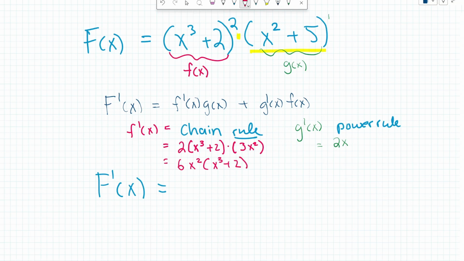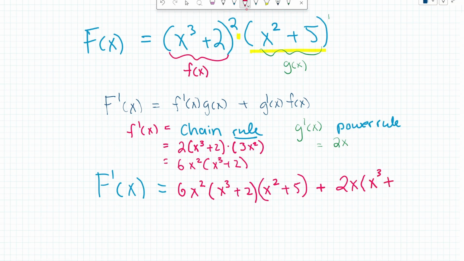So that means for f prime here, we have 6x squared multiplied by x cubed plus 2 multiplied by g of x, which is x squared plus 5. And then we add g prime, which is 2x, multiplied by f of x, which is x cubed plus 2 all squared. And there you have it.